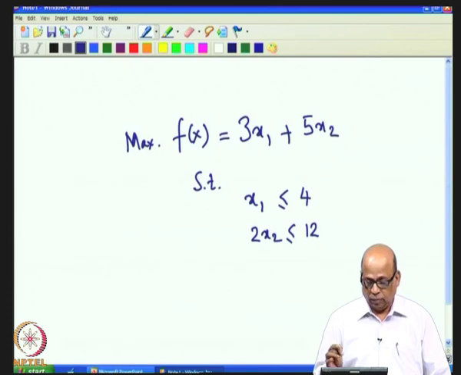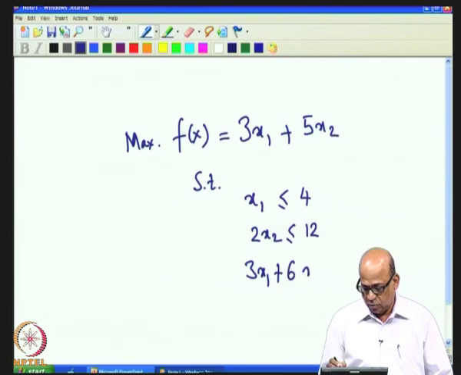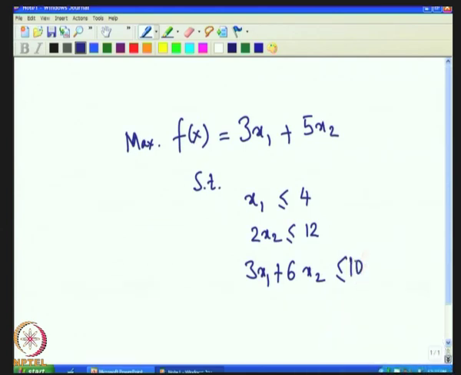This is the motivation. That means, we will look at what are the limits up to which we can increase the variables. Now, these are by far the simplest conditions that I put. Let us say that we put another condition, 3x1 plus 6x2 may be less than or equal to, I will put some 10 or some such thing.